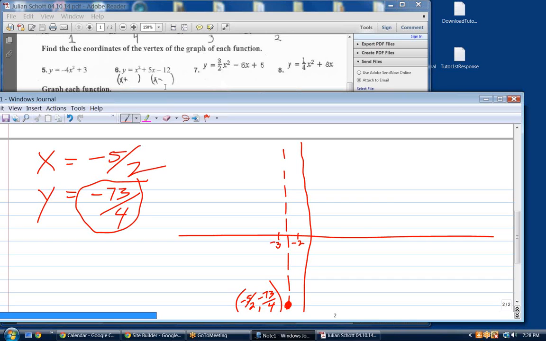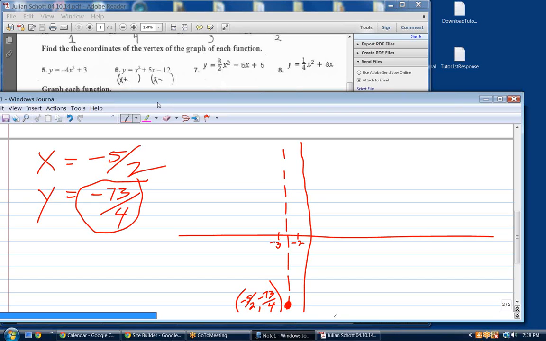So, instead of finding the x-intercepts, let's find the y-intercept. The y-intercept is easy. That's where x equals 0. Well, what does y equal when x equals 0? Plug it in. Look at the function. Plug in x equals 0. What's left?